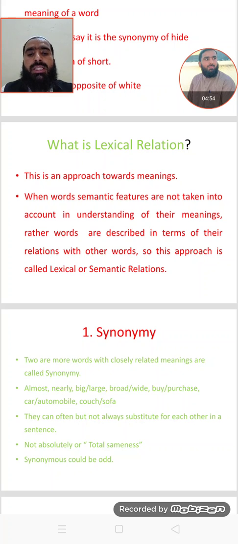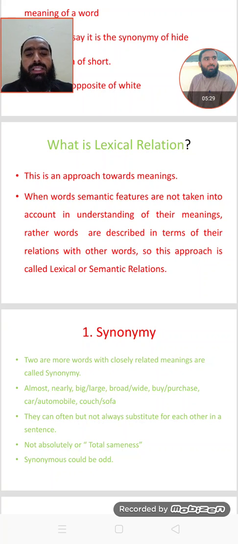Earlier we discussed semantic features, like masculine, feminine, or young in some words, and adultness or childhood in others. Now we are not taking these features into account; we are taking relations, making comparison and contrast while understanding the meaning of words.